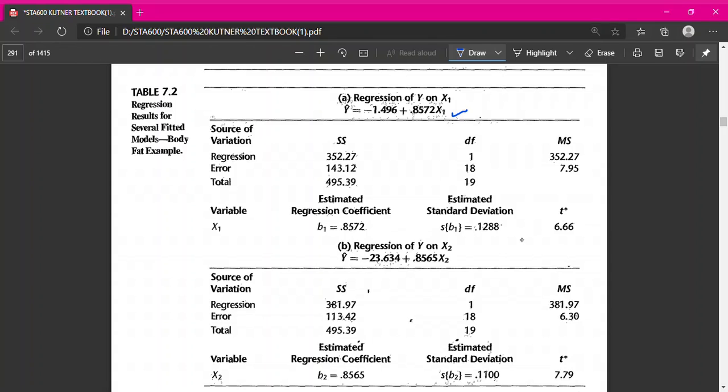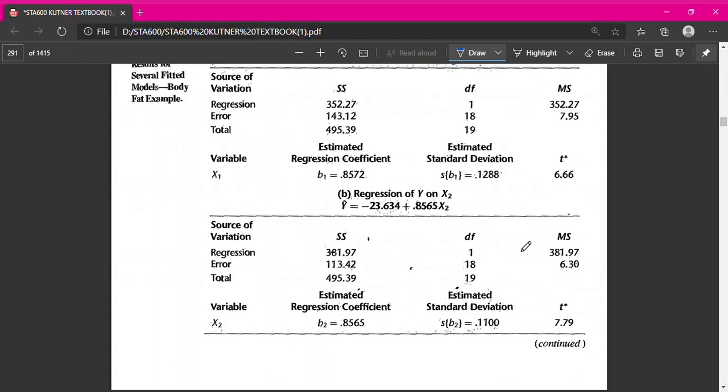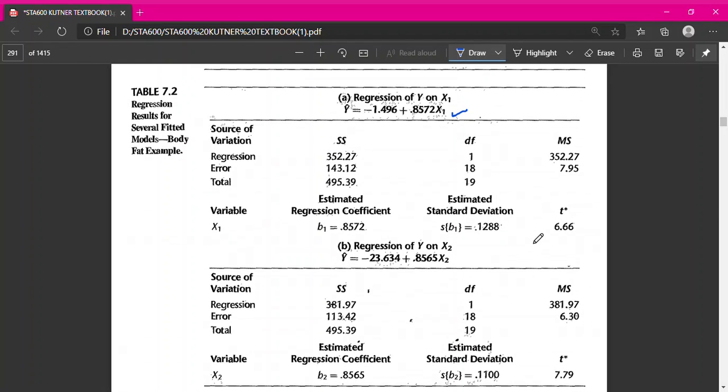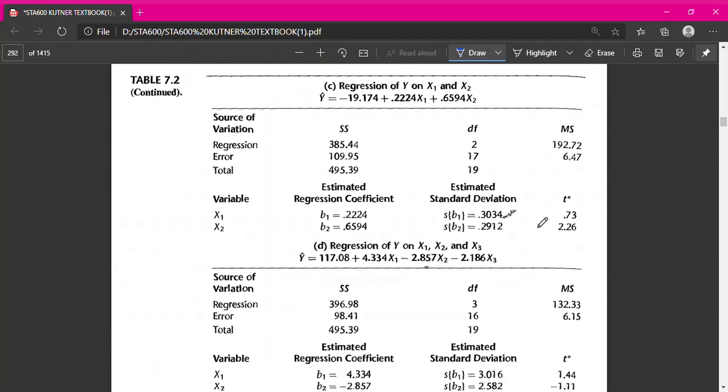So daripada sini the value of the regression coefficient. So daripada sini kita build this regression function. Okay, untuk B pula, kita regress pula Y dengan X2 sahaja. So yang akan dapat Anova Table dan juga regression coefficient. Okay, and then kat sini C pula, kita regress Y on X1 and X2.